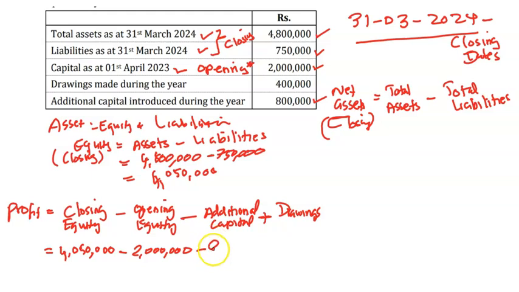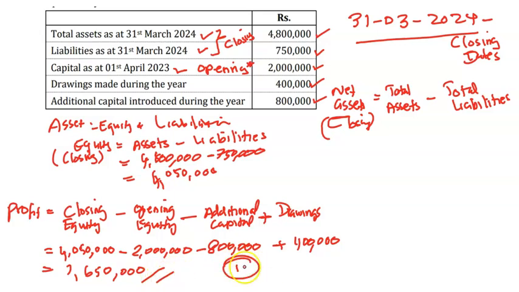Minus 800,000 plus drawings of 400,000. So your answer will be 1,650,000. So answer number 1.